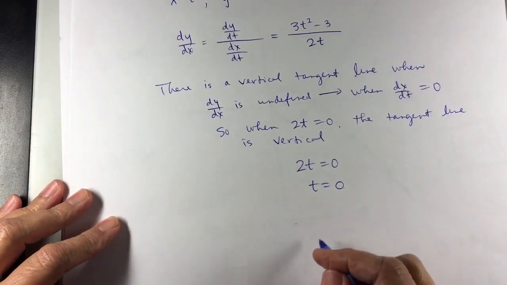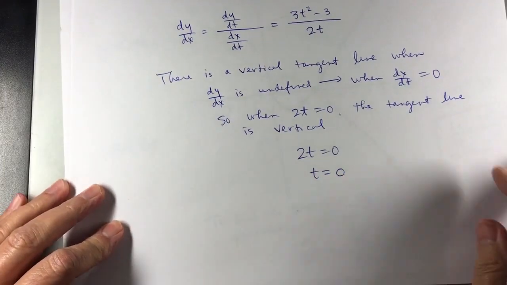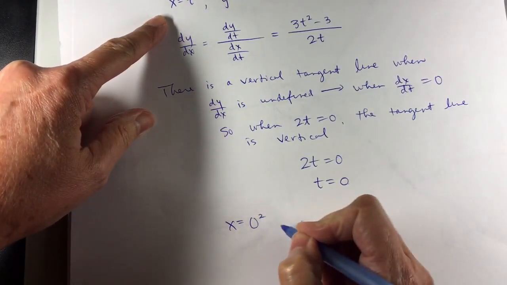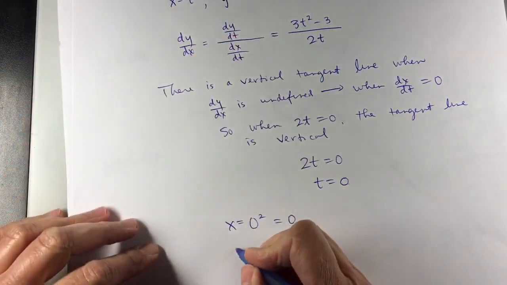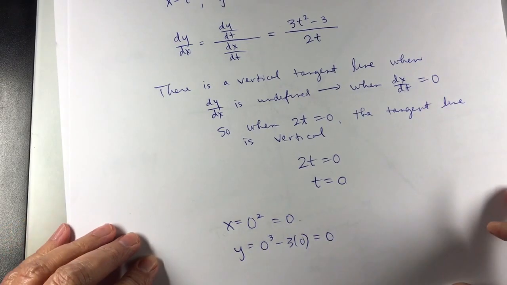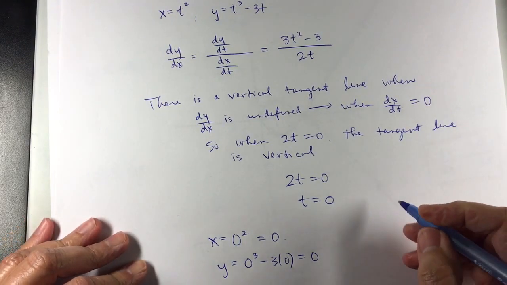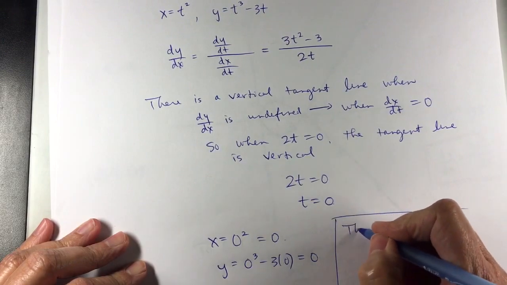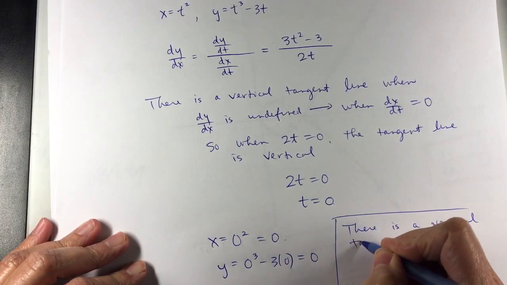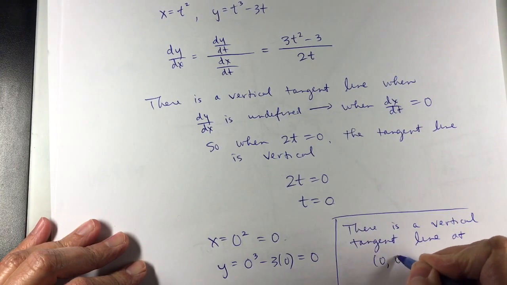I can just pretend I don't have it, because I don't. And I can say, okay, when t is 0, then I'm going to have x equals 0 squared. So x is 0. And y equals 0 cubed minus 3 times 0. So that's 0. So I know that there's a vertical tangent line at the point 0, 0.